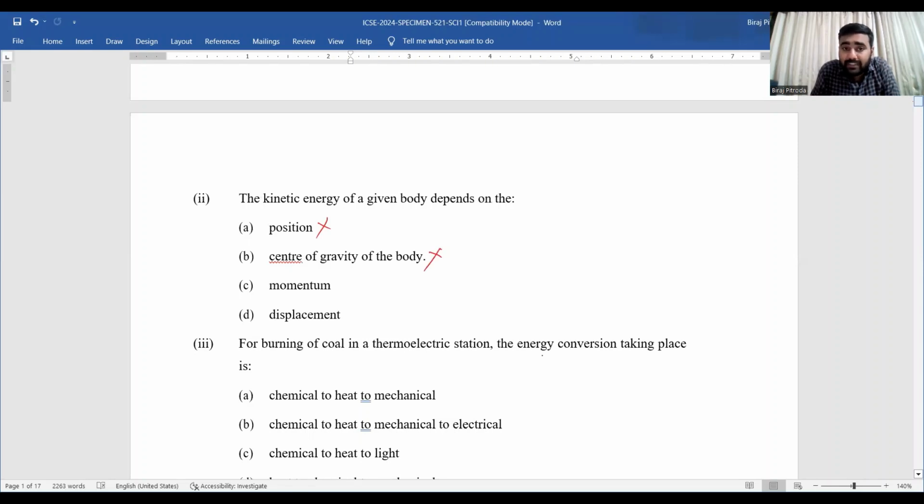There is no relation between kinetic energy and displacement. But yes, there is a relation between kinetic energy and momentum. We do have a formula: kinetic energy is equal to P square upon 2m, where P represents momentum. So your correct option is option C for the second one.